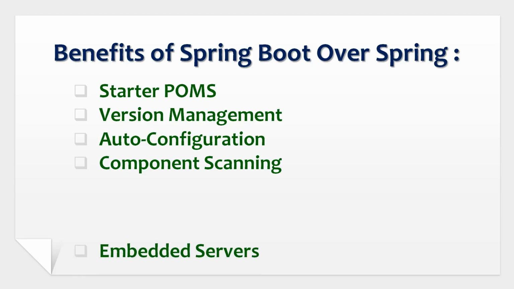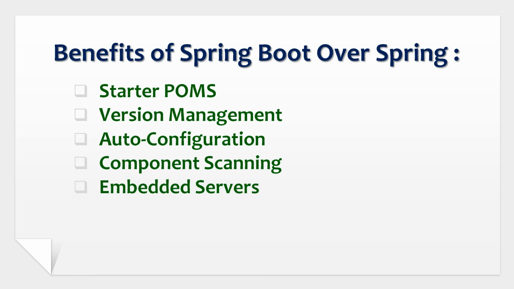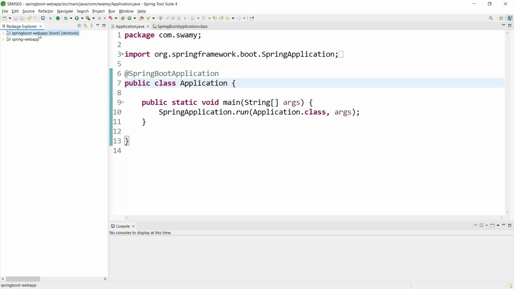And next one is embedded servers. When we develop web applications using the Spring Framework, we can run that application using an external server. Whereas in Spring Boot, an external server is not required. By default, Spring Boot comes with the Tomcat server. Let's move to the Spring Boot application. This is the Spring Boot application.